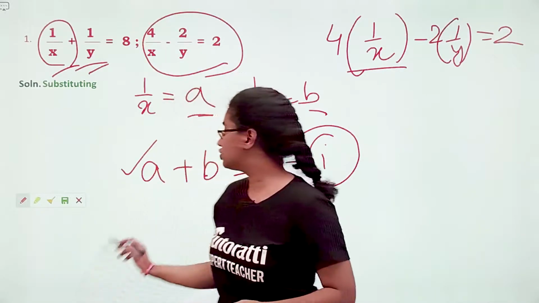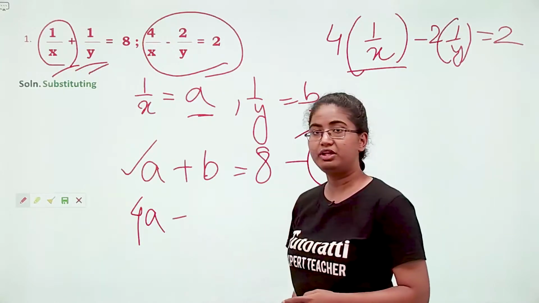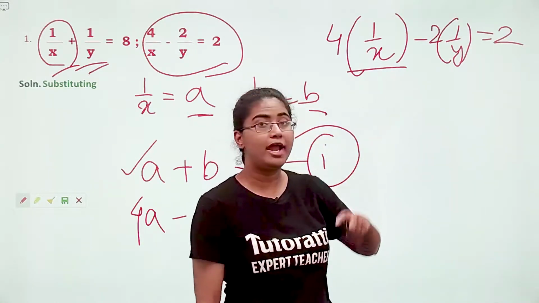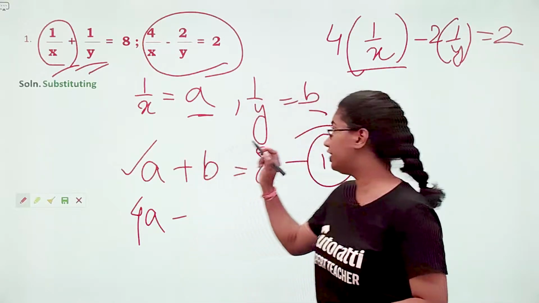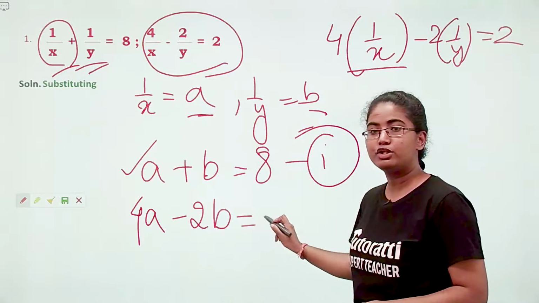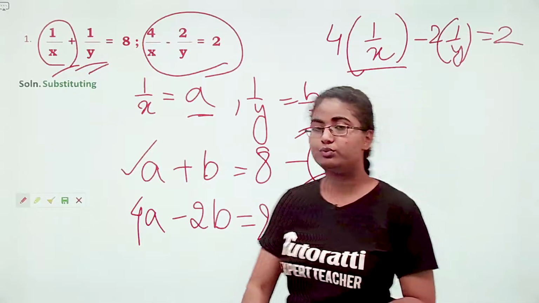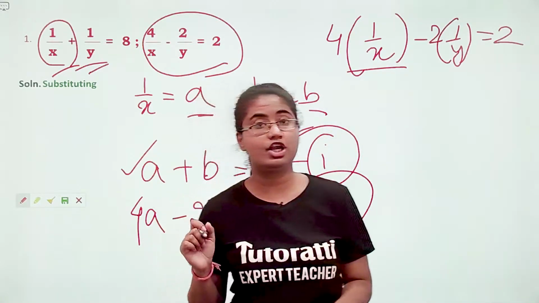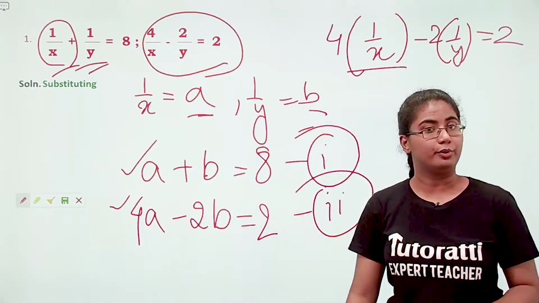फिर मैंने 1/x को क्या लिखना है? a. So my equation becomes 4 times a. There's a minus sign in between. Then 2 है and 1/y है. 1/y को मैंने क्या substitute किया है? b. So it is 2 times b is equals to 2. This is equation number 2. Is this a linear equation? Yes, this is a linear equation.